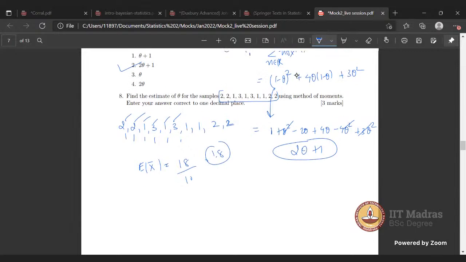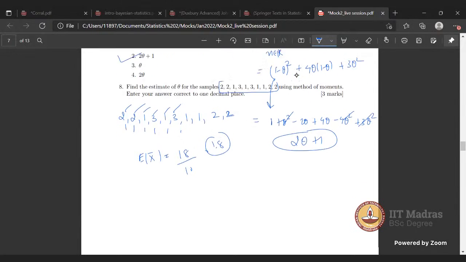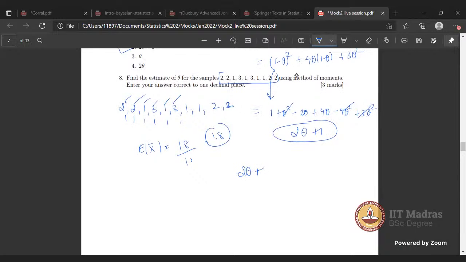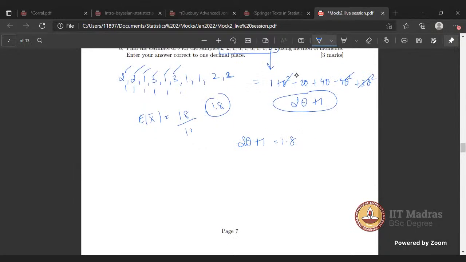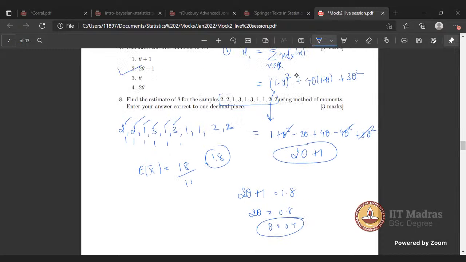So this should be equivalent to 2 theta plus 1. If I equate 2 theta plus 1 to 1.8, you get 2 theta equals 0.8, and theta is 0.4. So this is the answer, the estimate for this sample using the method of moments.